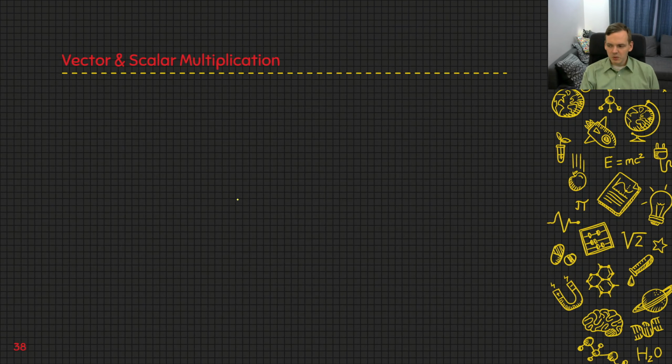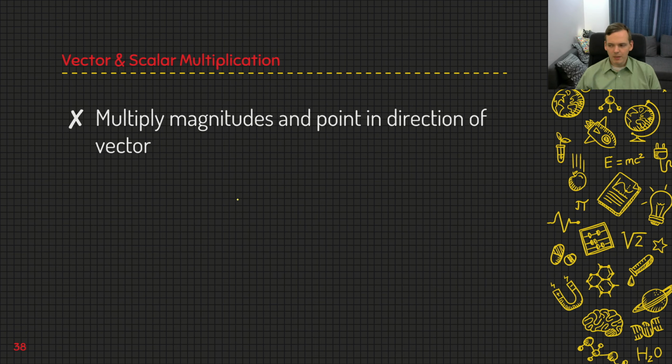If I want to do multiplication, there are ways to multiply vectors that we'll probably mention at some point, but we're just going to worry about multiplying a scalar with a vector. So all that you do is just make the vector that many times longer, or the magnitude increases that much.